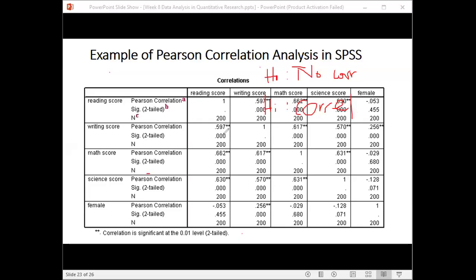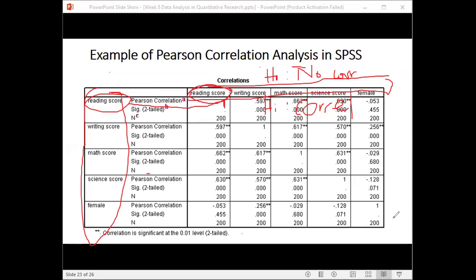And so when this output comes out, what you see is that the variables here are also represented here on the top. So it's a row against the column. If I take reading score here, I'm finding the relationship that exists between itself, which is also reading score. So reading score against reading score. You see that the value I have is 1.